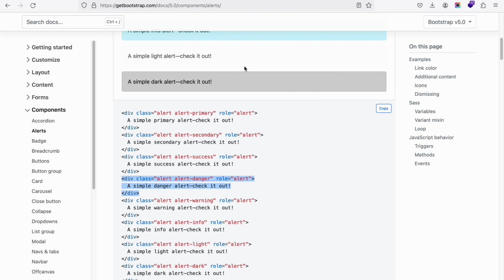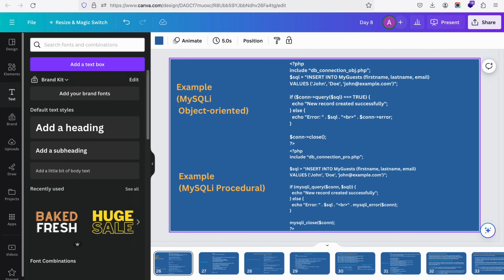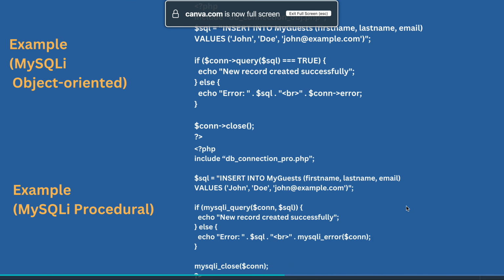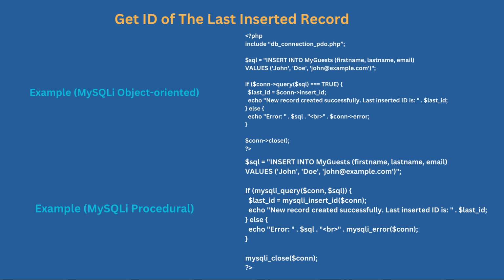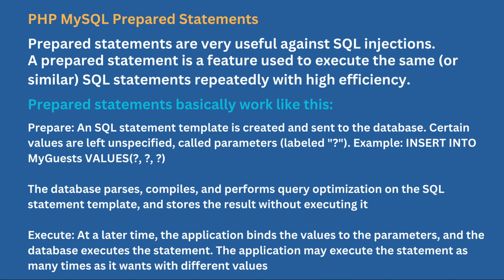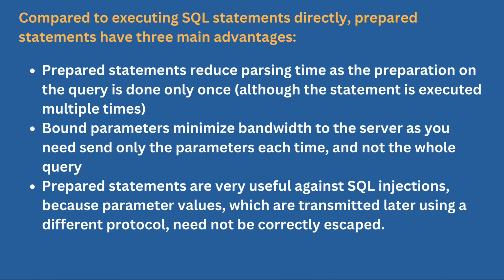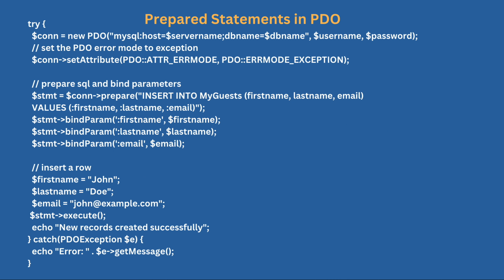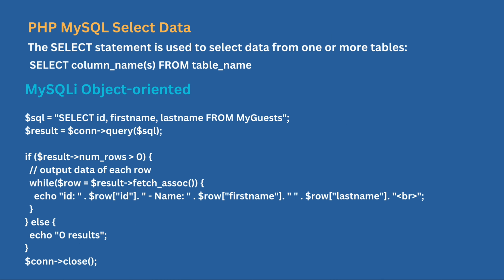Now in today's one, suppose that I have to display all the guests which you have added, right? This is multiple insert. This is prepared. I will tell you about that tomorrow. Select data, right?